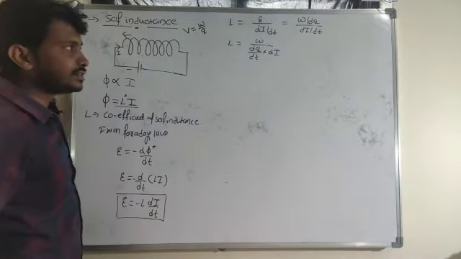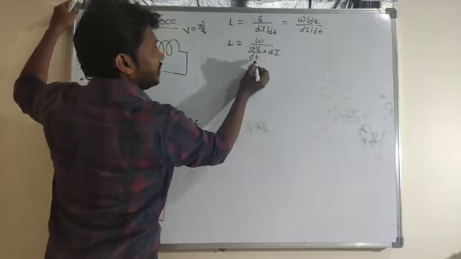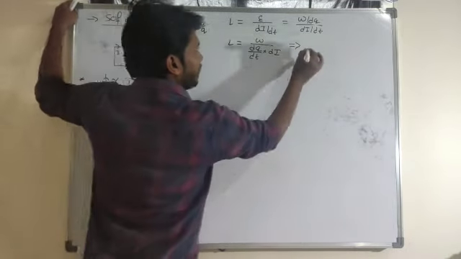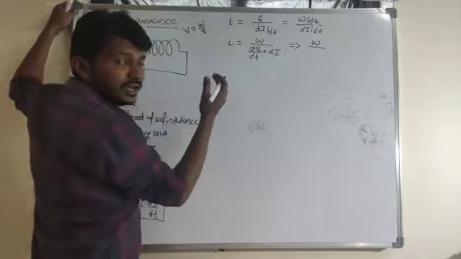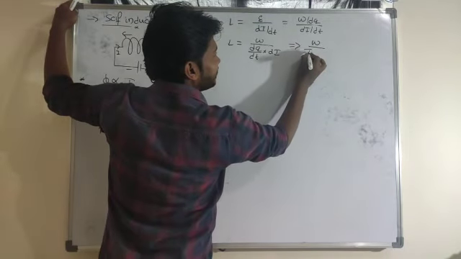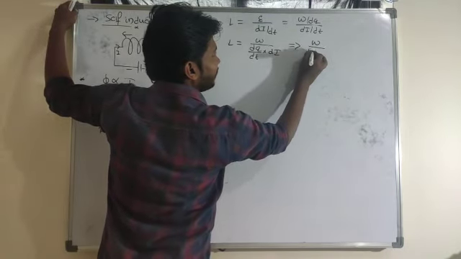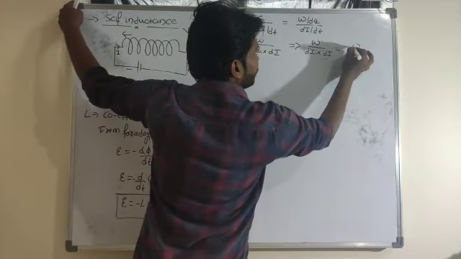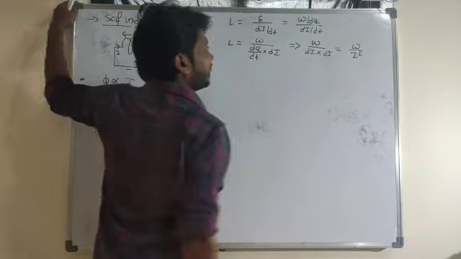Shall I rearrange like this? W is in the numerator, and in the denominator dq by dt into dI is there. Look here, dq by dt is the rate of flow of charge, that is current, I. Already one more term dI is there. So W divided by current square.